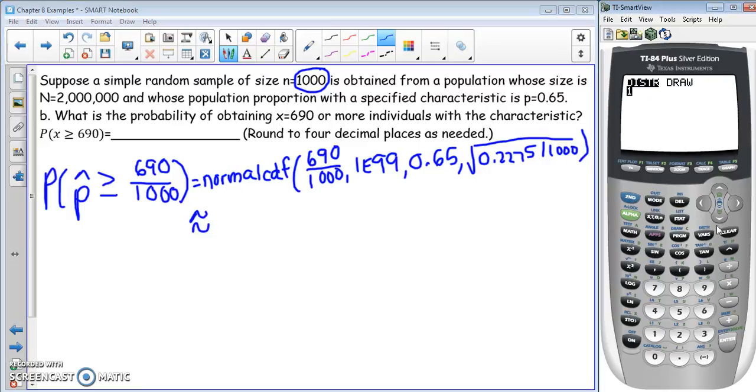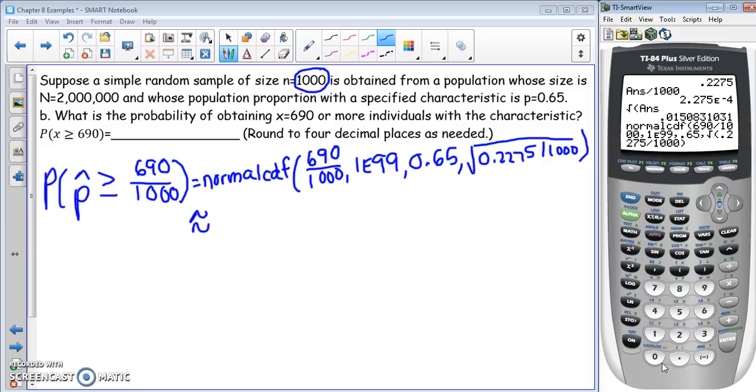So second bars to normal CDF, 690 over 1,000, comma, 1E99. Again, to get the E, you're going to do second comma. Then a comma after the 1E99, 0.65, comma, second x squared to give us the square root, 0.2275 divided by 1,000.